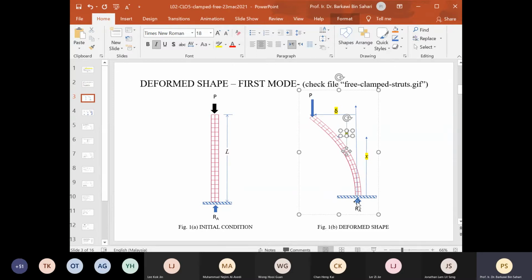Now just note at the bottom there, at the clamp part, there is no rotation of the beam at A. Since there is no rotation, the slope is 0. In other words, the angle between the undeflected column and the tangent to the deflected column at A is 0.